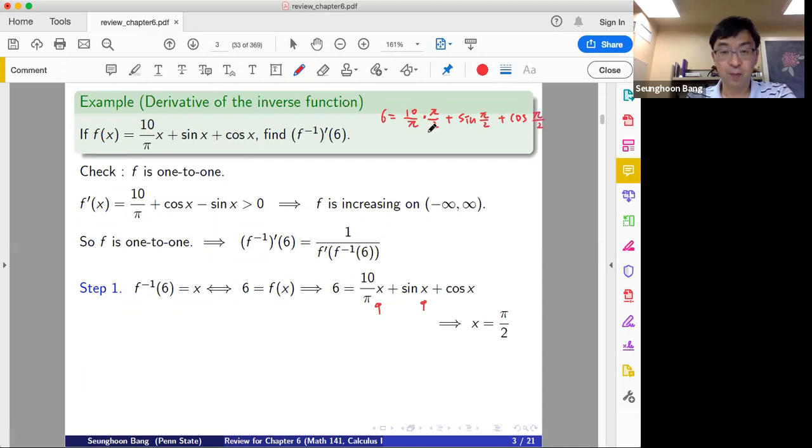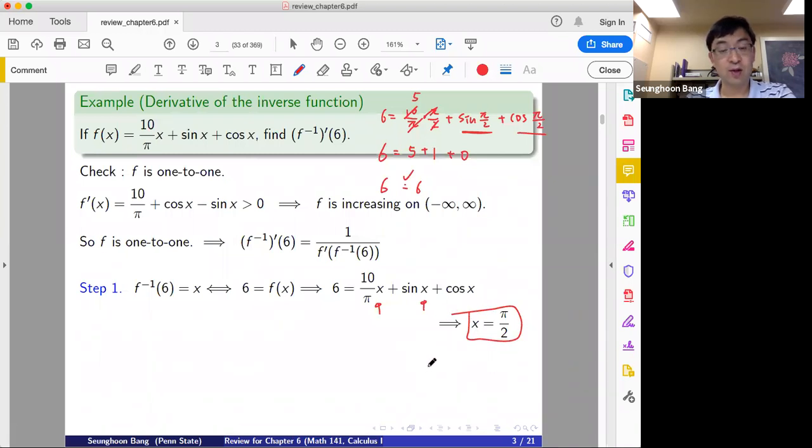You can check. Pi is crossed out, 2 is crossed out, just 5. So we have 6 equals 5 plus sine pi over 2, which is 1, plus cosine pi over 2, which is 0. Yes, we have 6 equal to 6. You're right. This is the answer. x equals pi over 2.